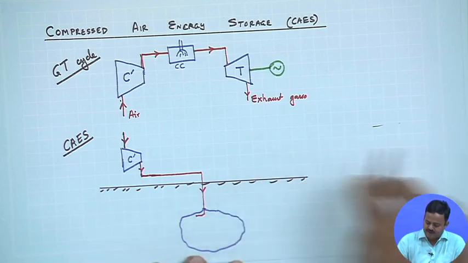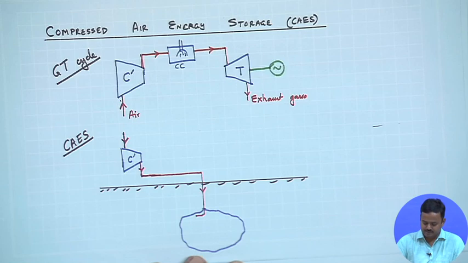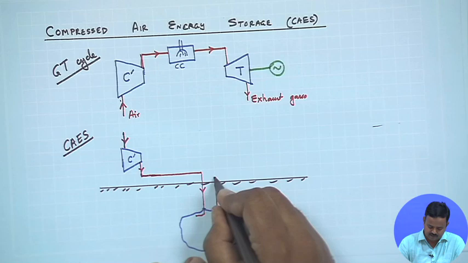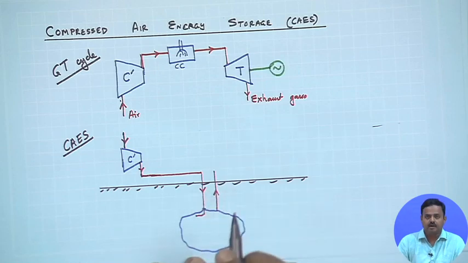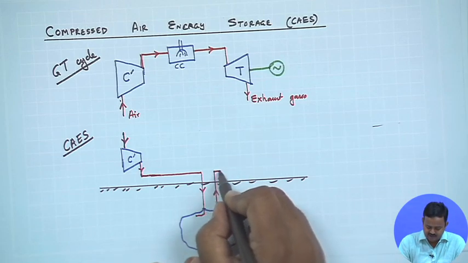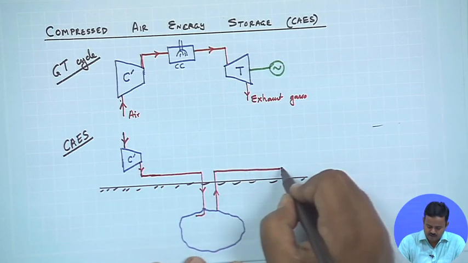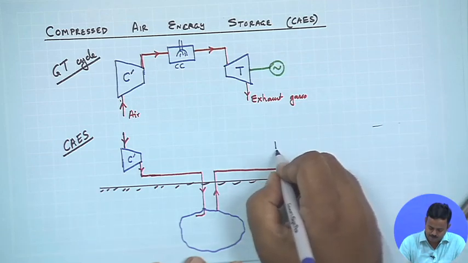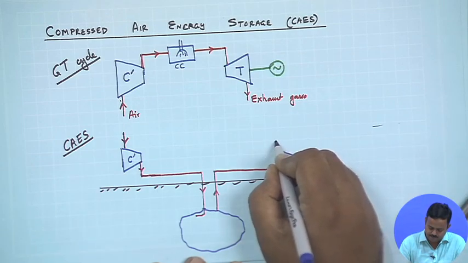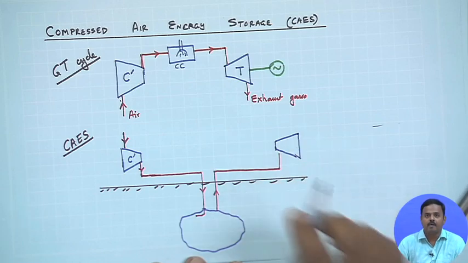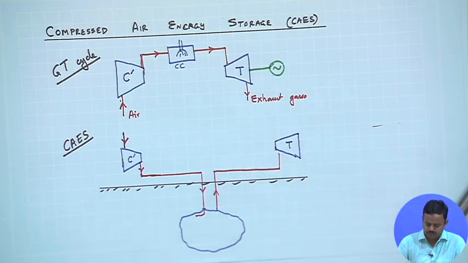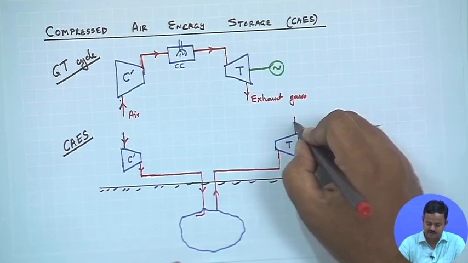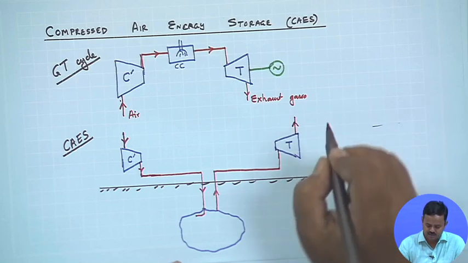Later on, ideally, this compressed air is going to be released, and when it is released, where will it go? It is going to go to a turbine which will be rotated. It is a gas turbine, more specifically an air turbine, and we will use it to generate electricity.